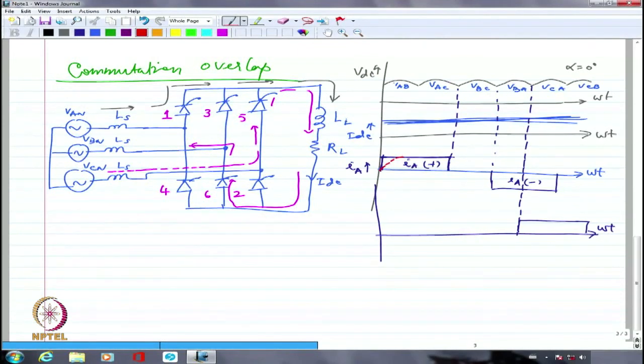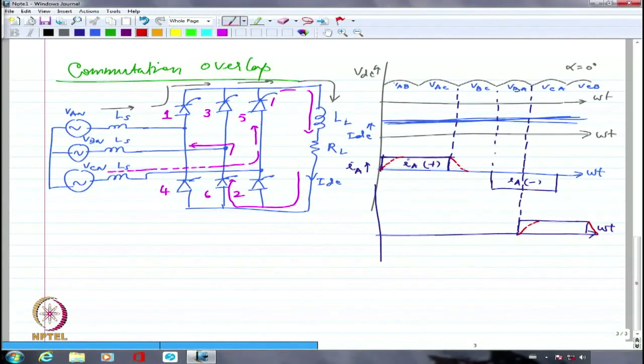And similarly, when it has to fall, it is probably not going to fall abruptly, it is going to fall slowly. It is like an RL circuit, right? So it will essentially be exponentially increasing or exponentially falling. So same will be the case for 5 as well. So this will be falling slowly. This is how it will be.